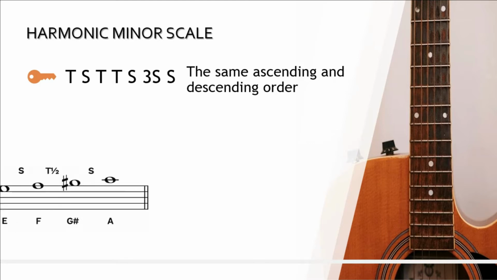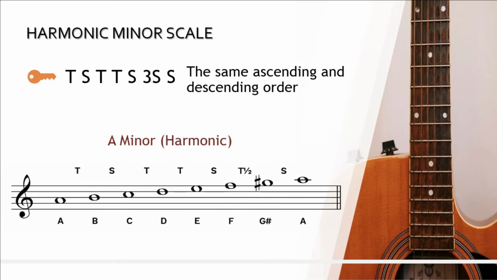Now, we are going to look again at the A minor scale, and you will observe that in the 7th note of the scale, the interval has been raised. So, we now have the pattern of the harmonic minor scale to be tone, semitone, tone, tone, semitone, 3 semitones, and then semitone.